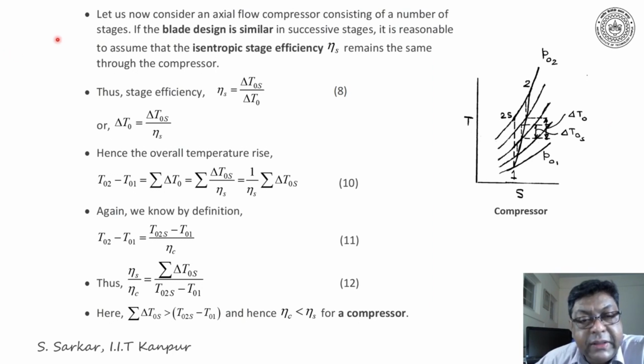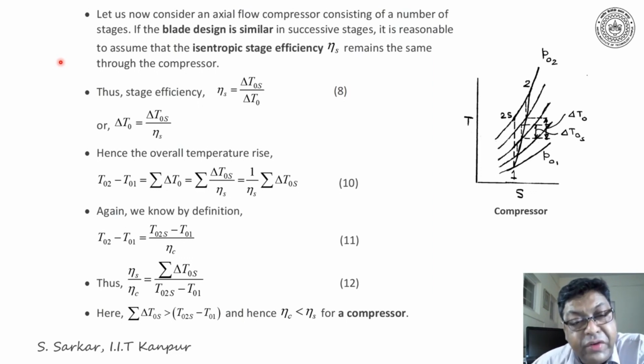Now after this, if the blade design is similar in successive stages, it is reasonable to assume that isentropic stage efficiency eta S remains the same throughout the compressor.